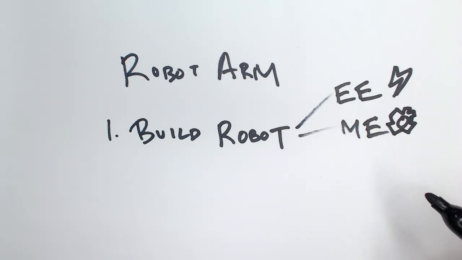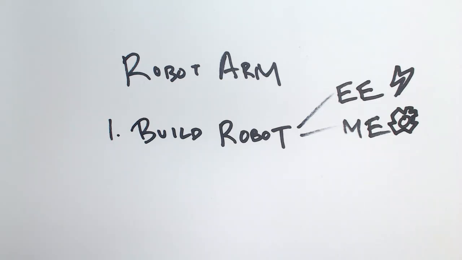Another way to think of it is if you look at a Tesla car, the electrical engineer would work on the battery because it's an electric car, and the mechanical engineer would work on the wheels and the external part. We call it the chassis or the external body of the car.